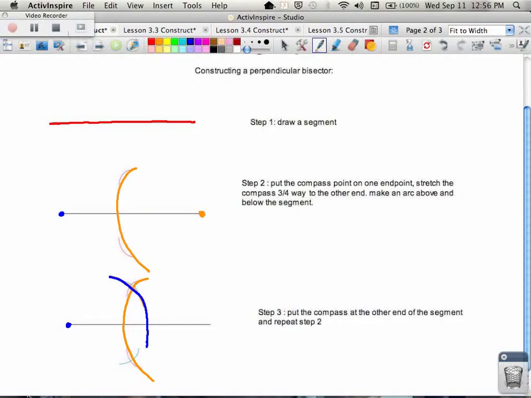And what you should notice is that these two arcs intersect in two places, which, when you draw the connecting line, you will see the perpendicular bisector.